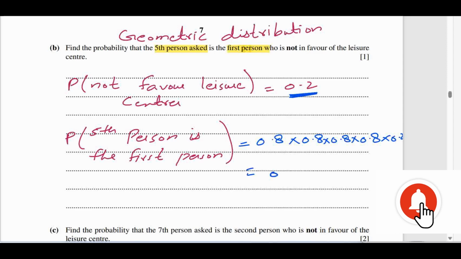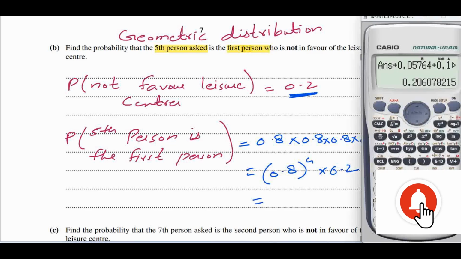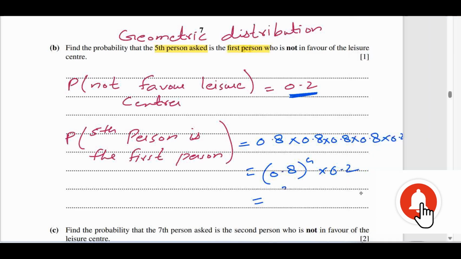So we can say 0.8 whole power 4 multiplied by 0.2, which will be equal to 256 by 3125.